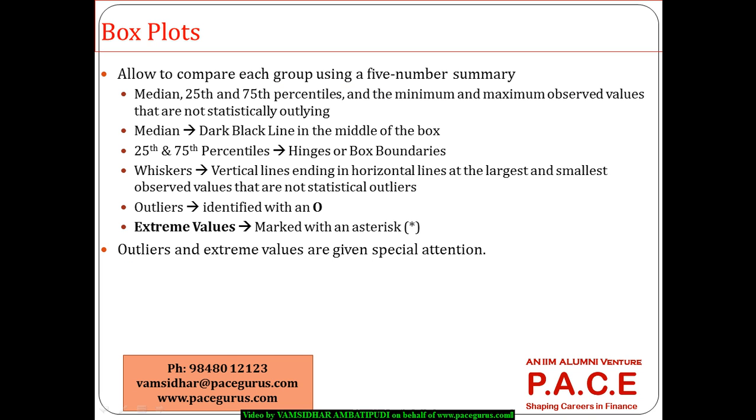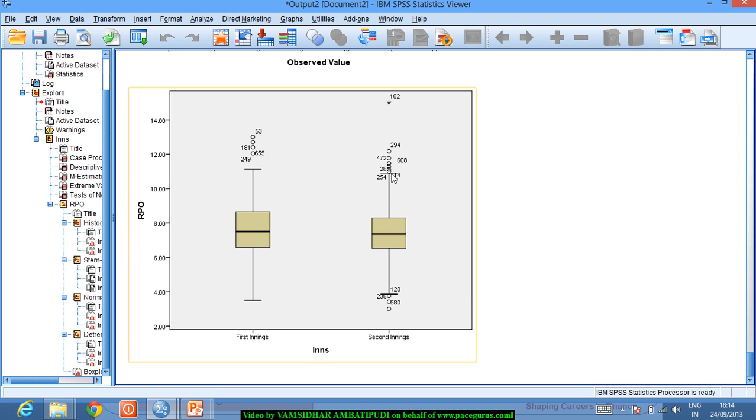What are those whiskers? These are those vertical lines that end with horizontal lines. That is the maximum limit of a statistical outlier. Anything above that line or below that line is a typical statistical outlier. And in that, there are two categories of outliers. Some of them are identified with a circle, and some of them are identified with a star.